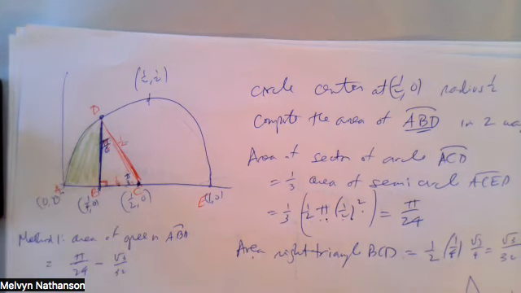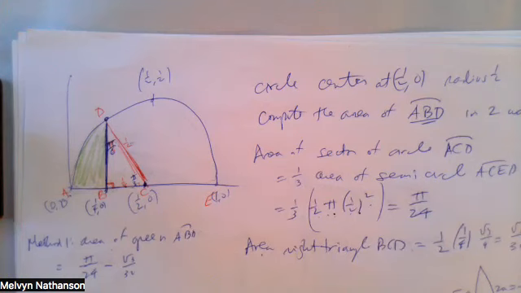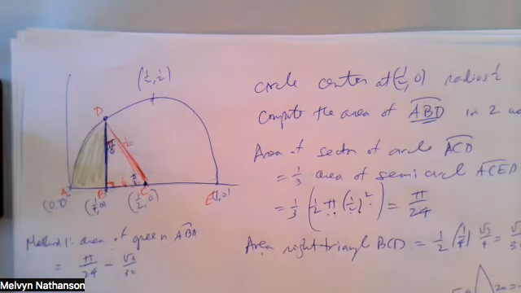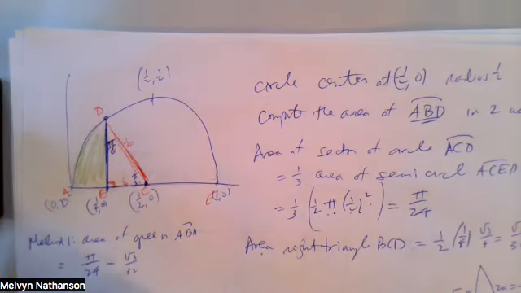That's that area. Area of the green area. But what about method 2? Well, that's another way to compute this.